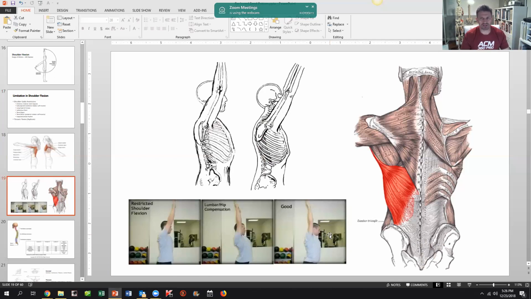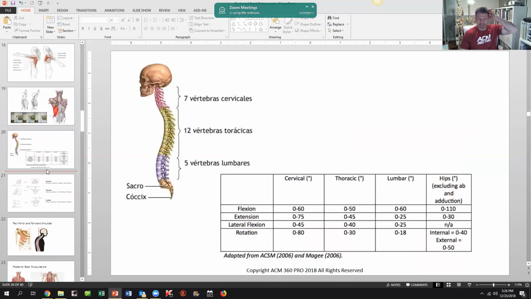So just keep that in mind. Just because someone gets their arms overhead in flexion and they have excessive lumbar extension, it's probably an indication that the lats are tight, creating that movement, and you'll probably see some restriction in their thoracic extension, their spine and scapula being able to go back far enough. Hopefully that makes sense.